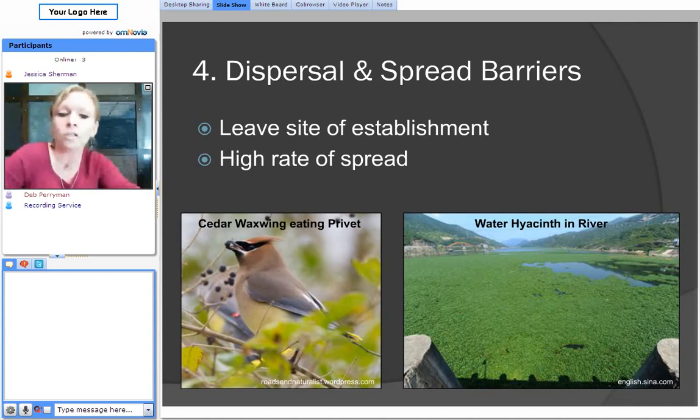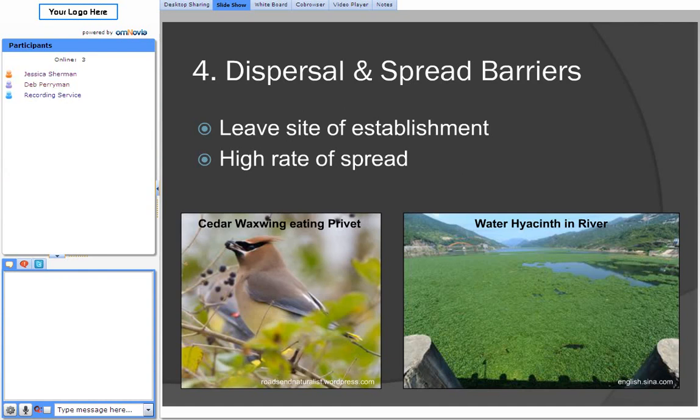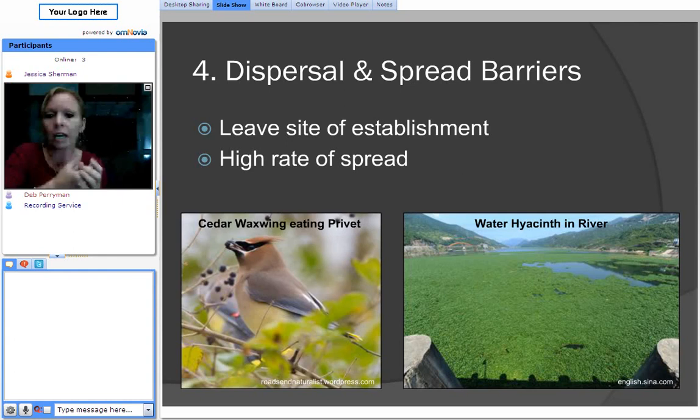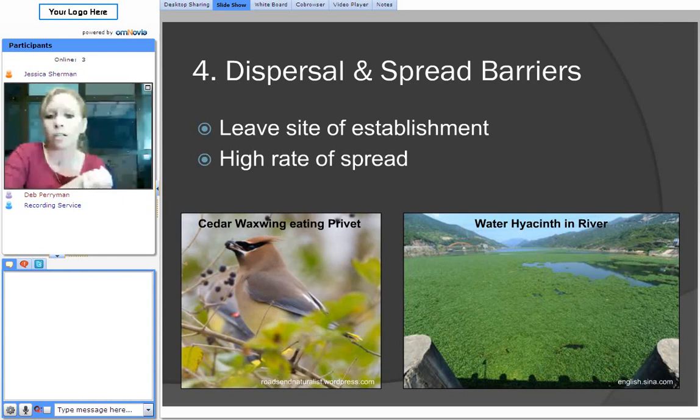So in the right picture, this is water hyacinth that is covering the surface. And oftentimes dispersal is human-mediated, so through recreational boating or shipping, transport, but it also occurs naturally through birds and animals eating seeds and through water flow.